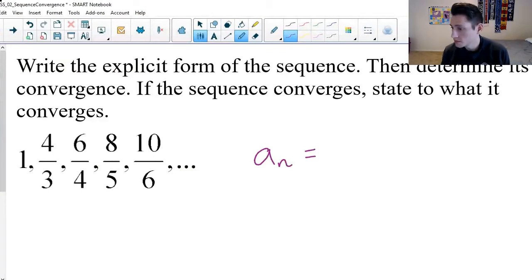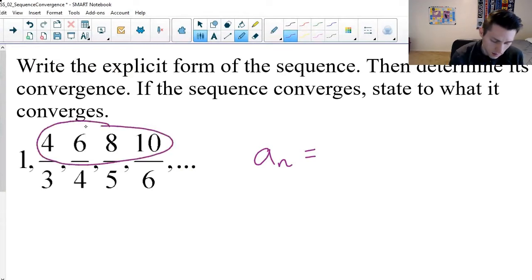So I'm writing my rule. I'm looking at kind of the pattern here. These are just counting by twos. These are not powers of two. These are multiples of two, right? Just like 2, 4, 6, 8, 10, 12.